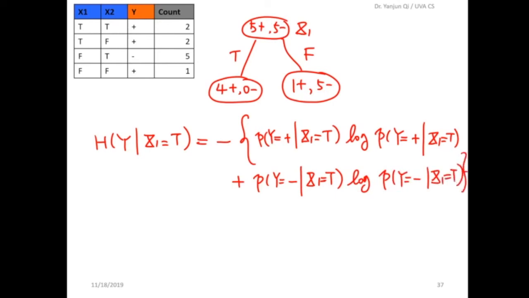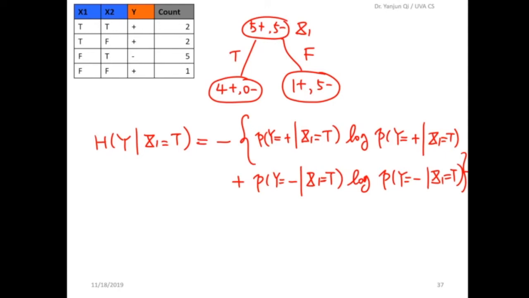Okay, so question about this. This is really just the entropy definition, right? To loop over all the possible values of the variable you're interested in. In this case it's P(y) conditional on a specific x, conditioned on x1 equals true, and then you just do P log P and loop over all the cases of that y. We have only two cases, positive and negative, and I think it's correct.